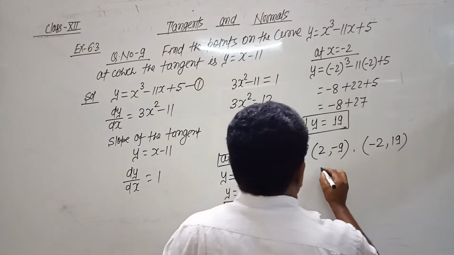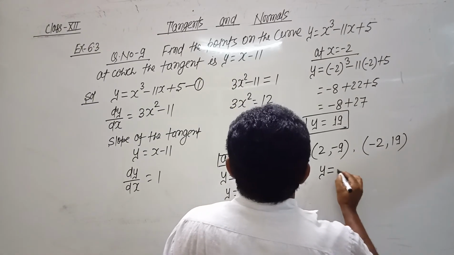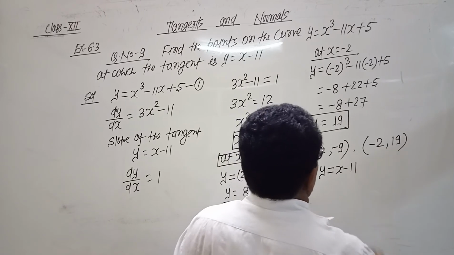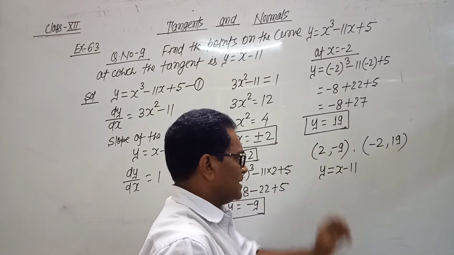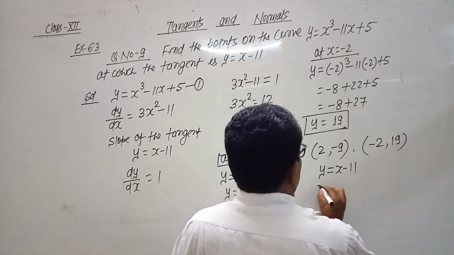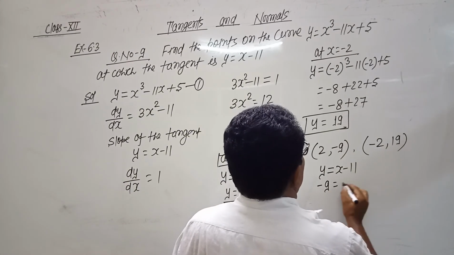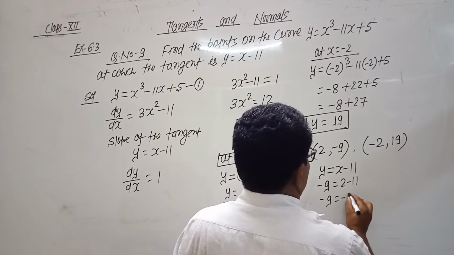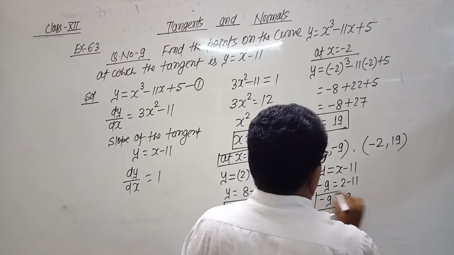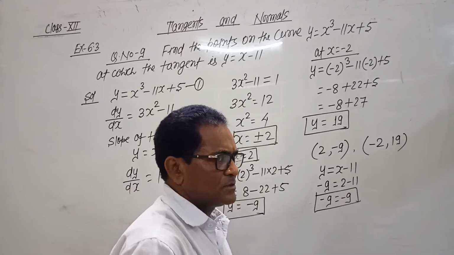The equation of the tangent is y equals x minus 11. Firstly, put x as 2 and y as minus 9. So minus 9 equals 2 minus 11. So minus 9 equals minus 9, meaning LHS equals RHS.